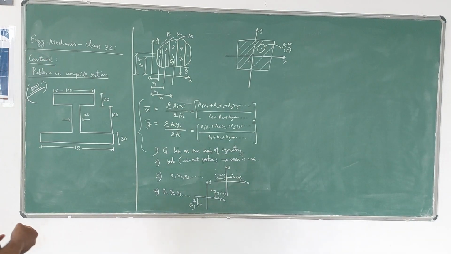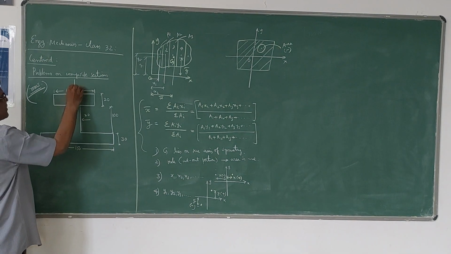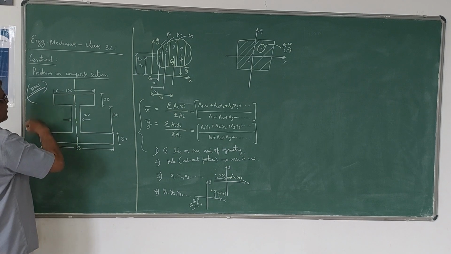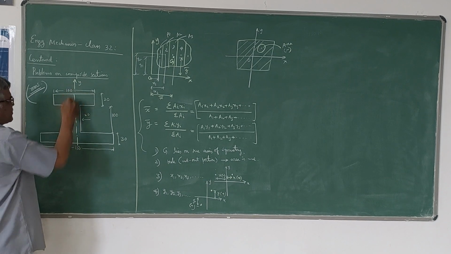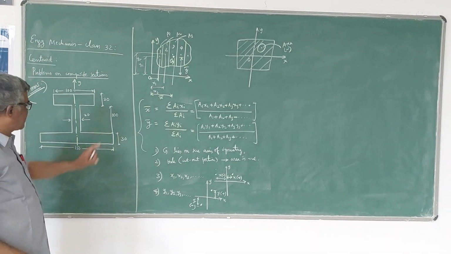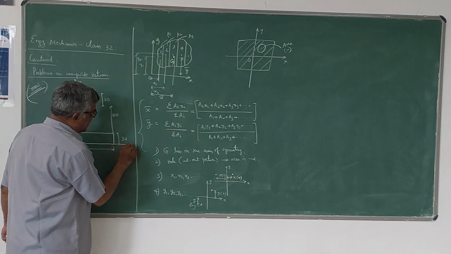If you observe this, this is symmetrical about the y-axis. So if you draw a vertical line here, you can see the left of this y-axis is identical with the right of this y-axis, and I will take the bottommost edge as the x-axis.